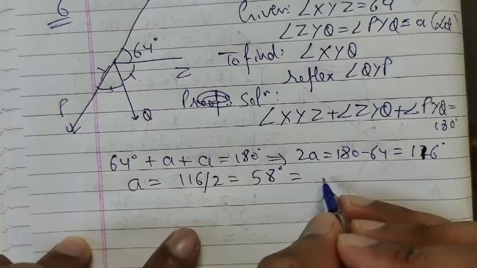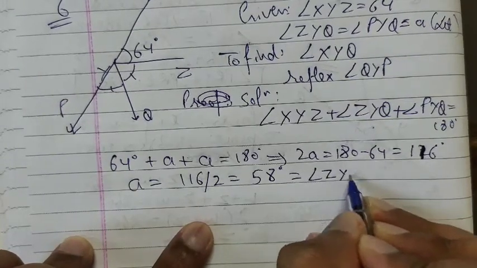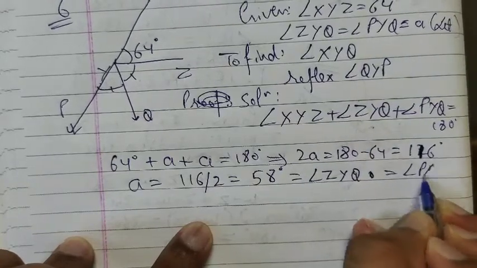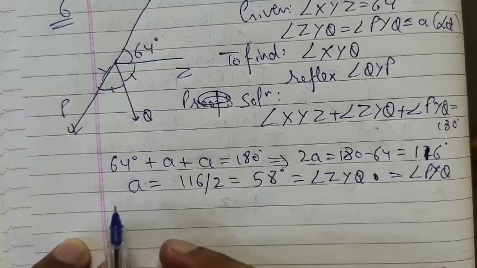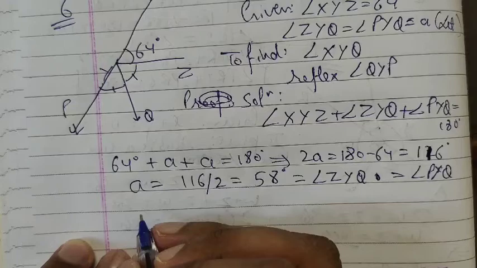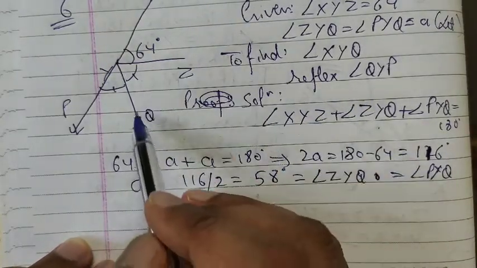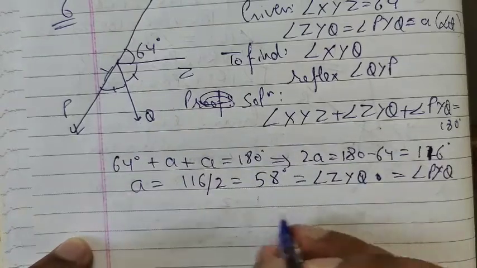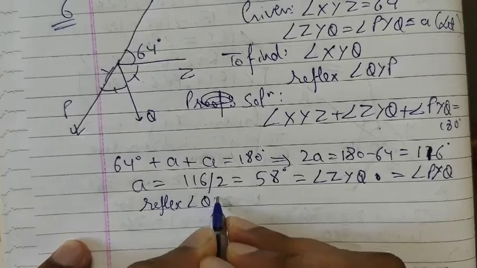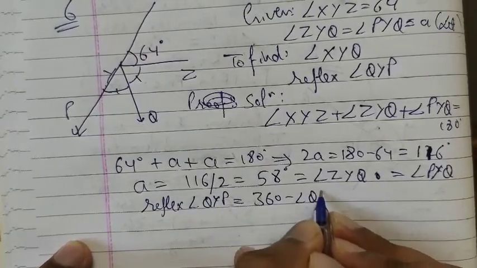Which means angle ZYQ is equal to angle PYQ is equal to 58 degree, because A is equal to ZYQ is equal to PYQ. So both angles are equal to 58 degree. So now we have to find out reflex of QYP. So reflex angle QYP is equal to 360 minus angle QYP.